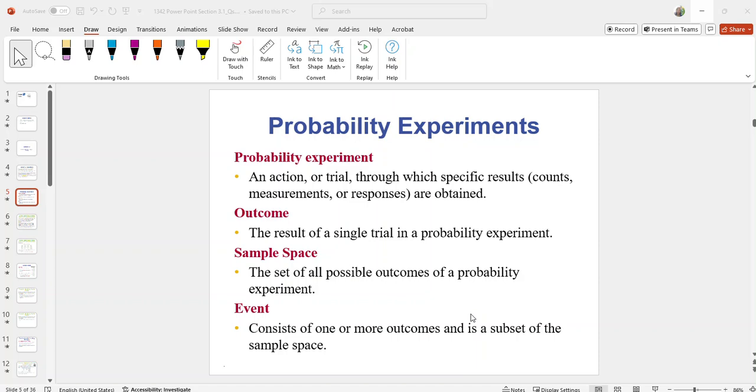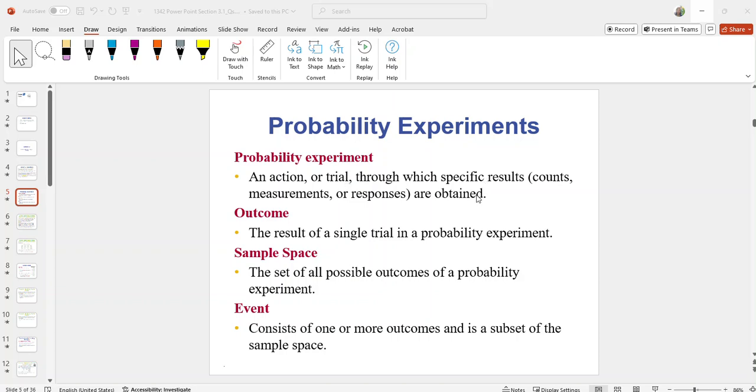Those kinds of things are called events. Something consisting of one or more outcomes is called an event, right? And the result of a single trial is called the outcome. When you flip a coin, or a penny, you're gonna get a head or tail. So that is the outcome. The outcome will be a head or a tail, right? And when you're doing this, this is the probability experiment.